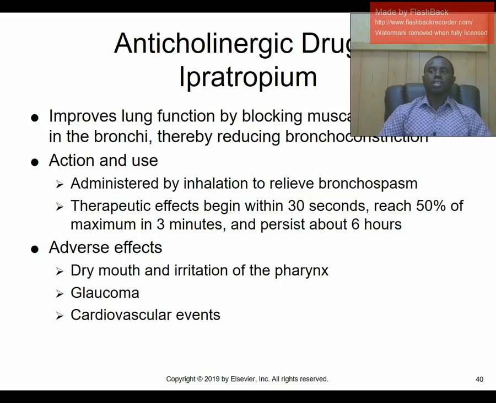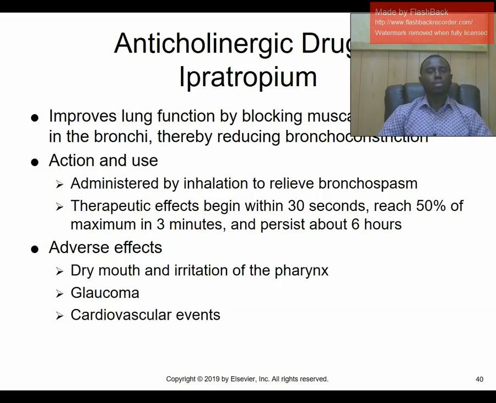Ipratropium is administered by inhalation, and the therapeutic effect usually begins within 30 seconds, reaching its maximum potential or effectiveness within just a few minutes.